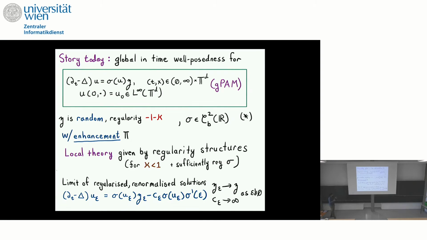So what do you mean by solution? Another way to think about what I'm calling a solution is a limit of solutions to regularized renormalized problems.